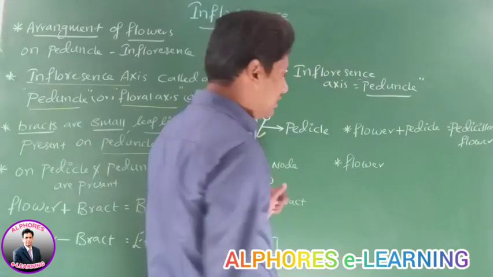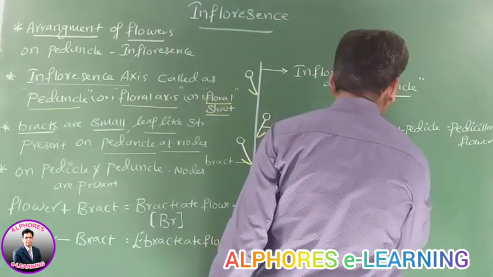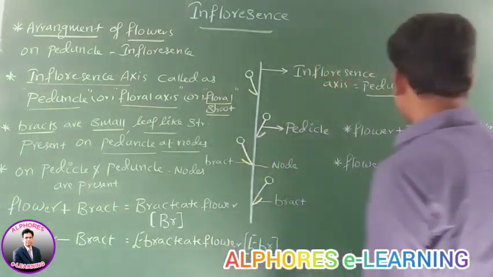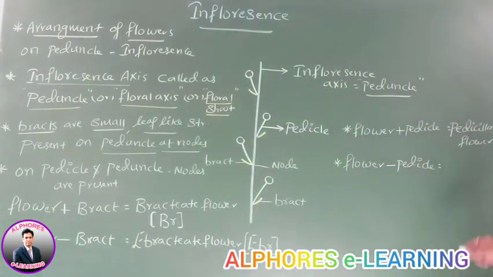For example, that flower is without pedicel, sir. If a flower is without pedicel, then that flower is called as what, sir? It is called as a sessile flower. Is this statement okay? Right?